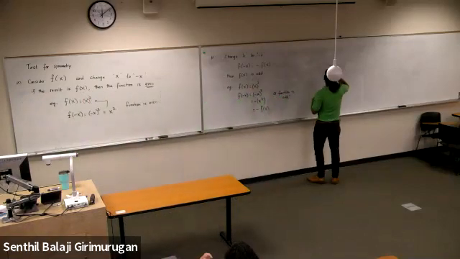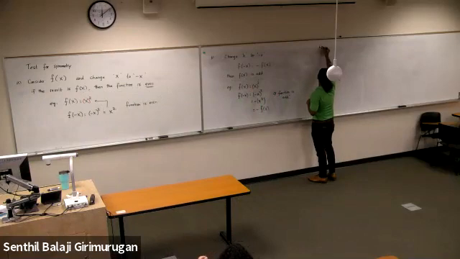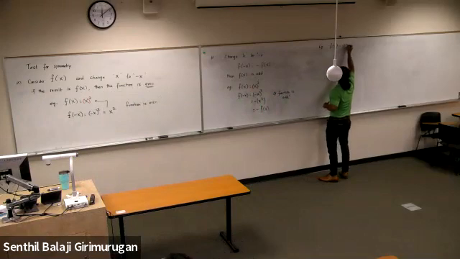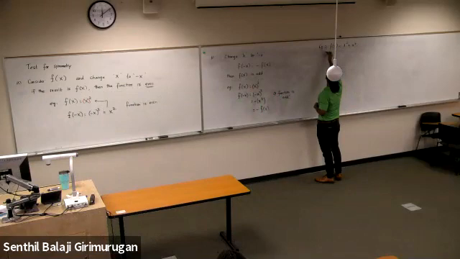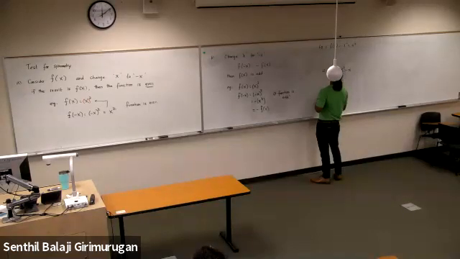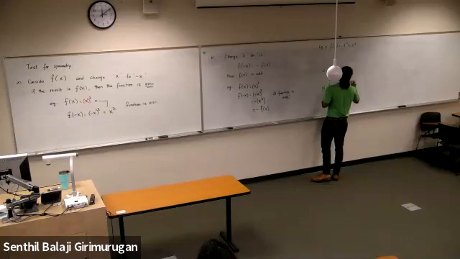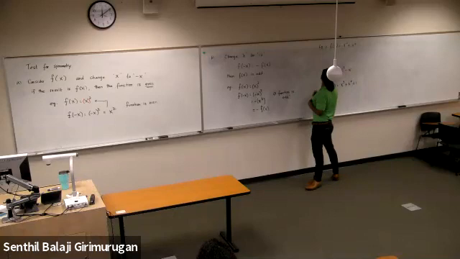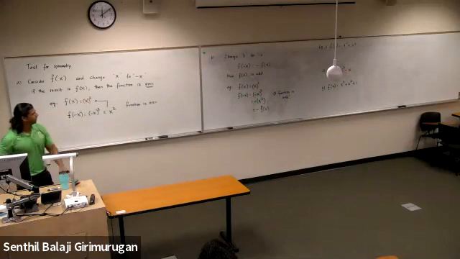Let's see if you can determine if they are odd, even, or neither. So 3 functions, I'll give you about 3 minutes or so. Let's see if we can get it.